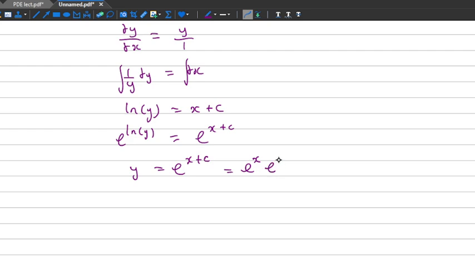So e to the c is just some constant. You write y equals some constant times e to the x, and that will be the final solution. Okay?